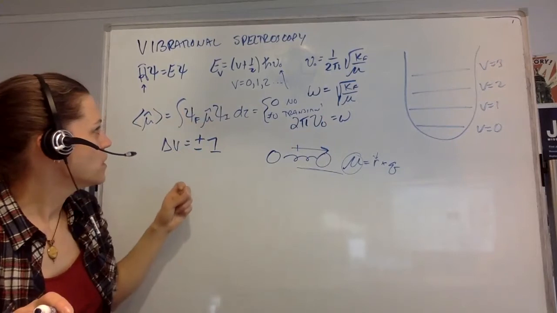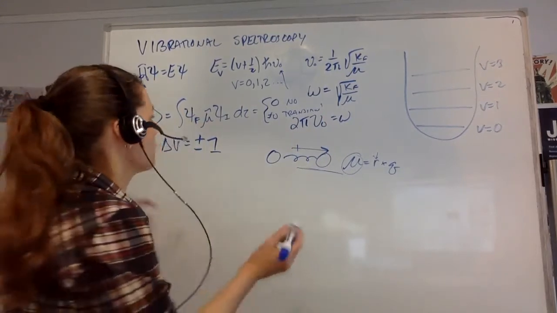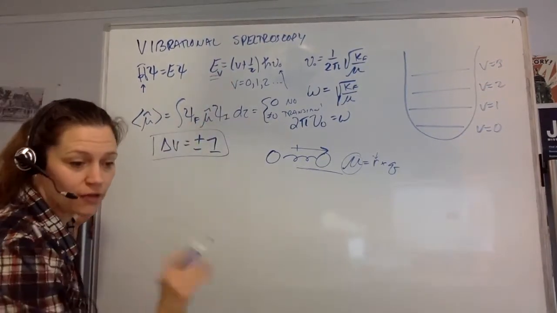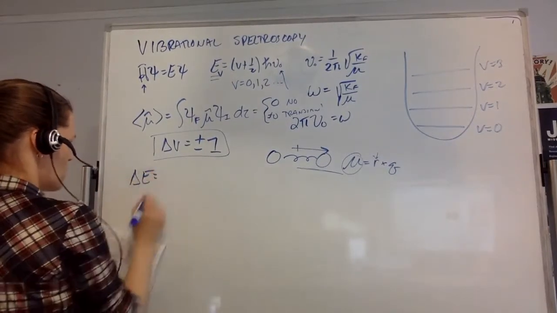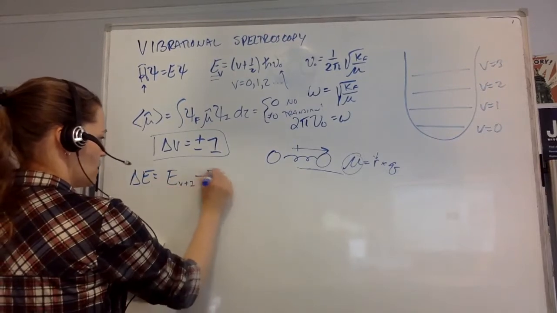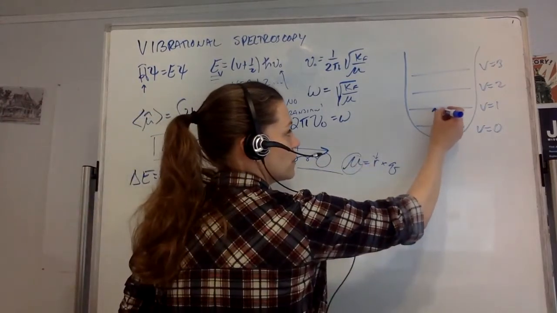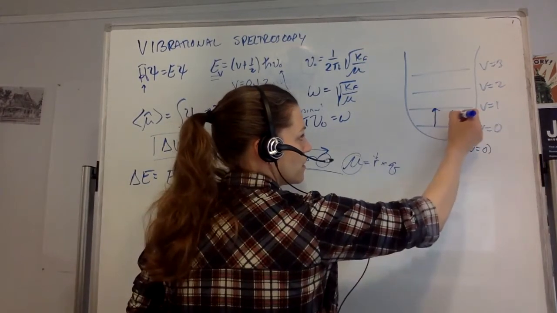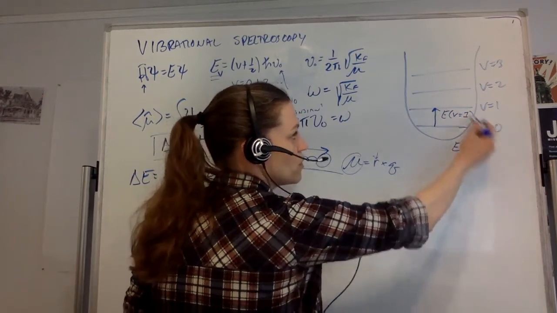Okay, now, so we know delta v is equal to plus or minus 1. So if I take this condition and put it into my energy of the different vibrational states, I then know E(v+1) minus E(v). So if I go from v equals 0 to v equals 1, the energy here is E(v=0), and then here is E(v=1). Well, then that's always going to be 1 larger.